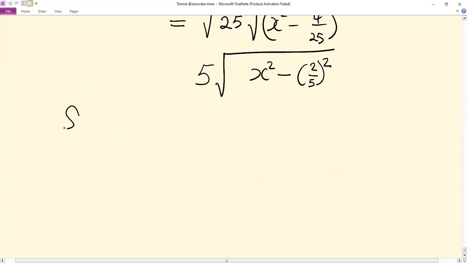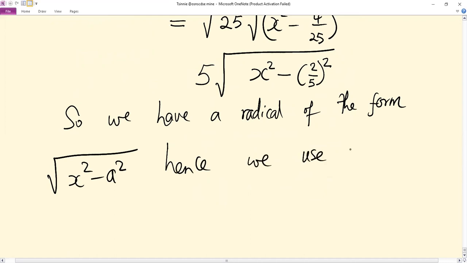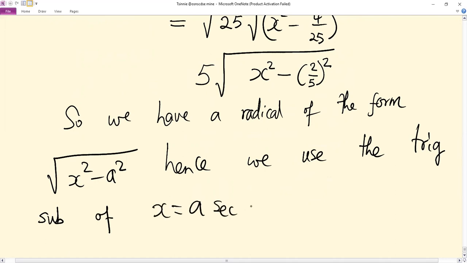So we have a radical of the form square root of x squared minus a squared. Hence, we use the trigonometric substitution x equals a sec theta.